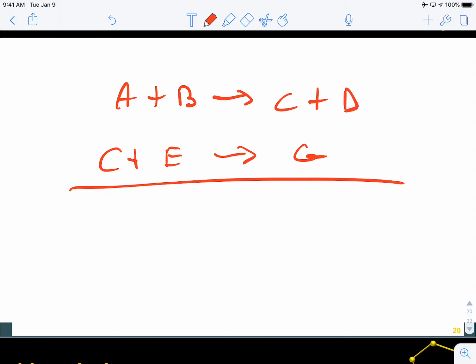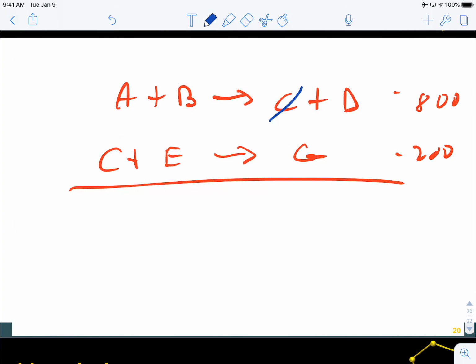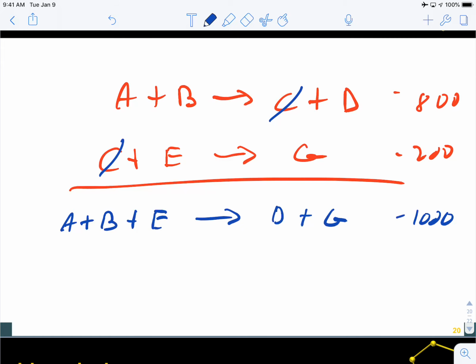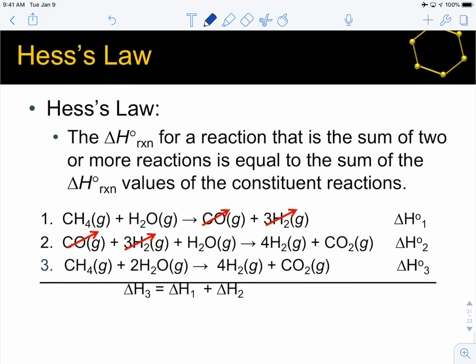Say you have enthalpy values for both of these. Let's say it's just 800 and 200. You can add these up. This would cancel out now. This is what you might have to do for your lab. And your overall reaction now is A plus B plus E goes to D plus G. The enthalpy for this reaction will be negative 1,000 as you add them. So that's one thing we can do, and this is Hess's law. That's what's shown here, how we can add these up, that H3 is simply equal to H1 plus H2 in this case.